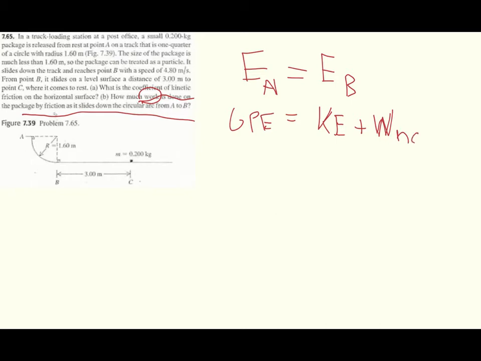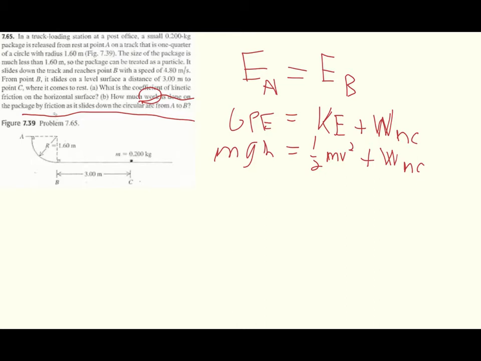Okay. So I'm going to sum that up. mgh equals 1/2 mv squared plus my non-conservative work.